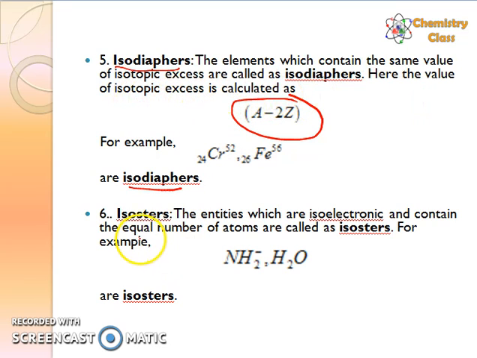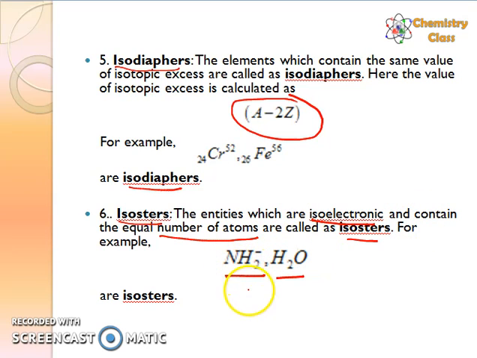Next, the important definition is isosters. These are the species which are isoelectronic and contain an equal number of atoms. For example, NH2 minus ion and water molecule, these are both isosters. Why? Because they are isoelectronic and contain an equal number of atoms.